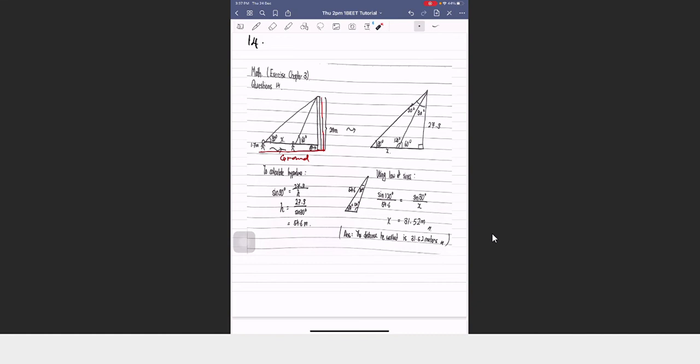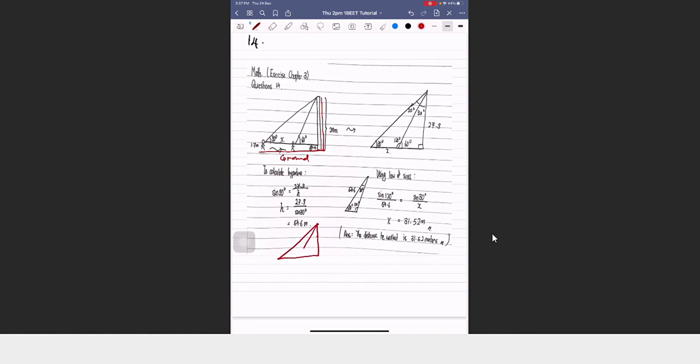Another way perhaps is, because you are also given these two triangles, you can just use these two triangles without finding all these. So just use whatever is given from the question.